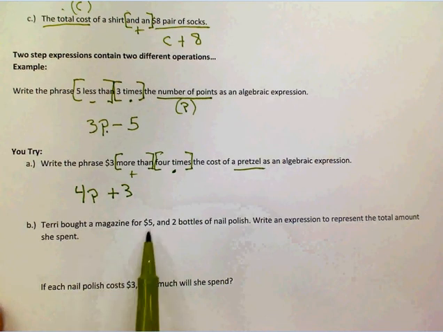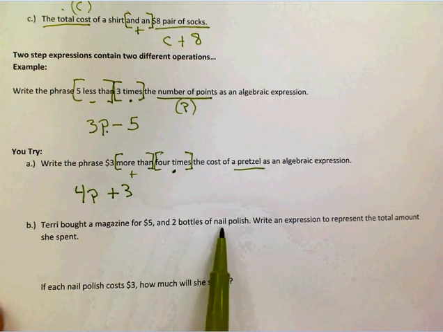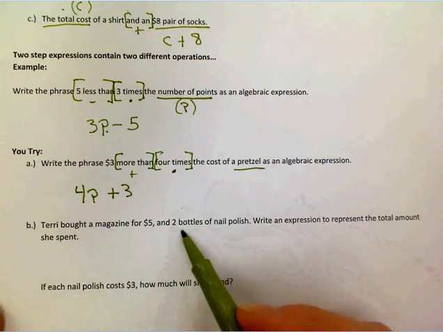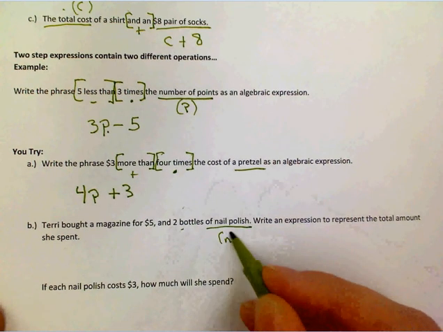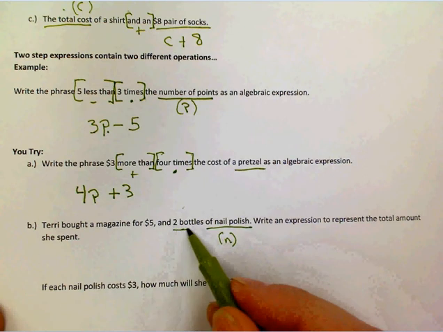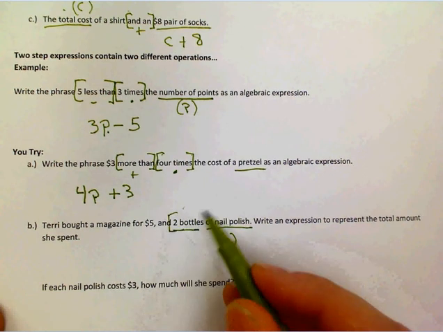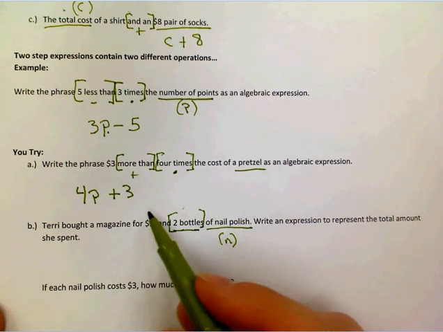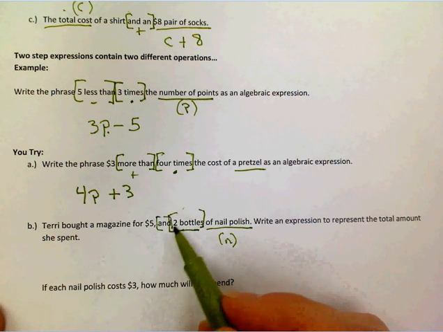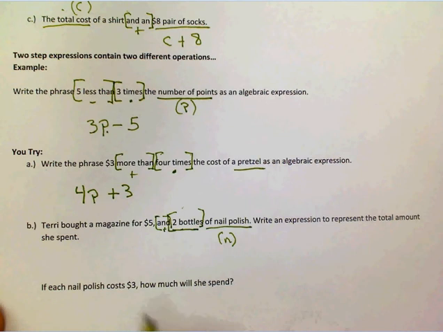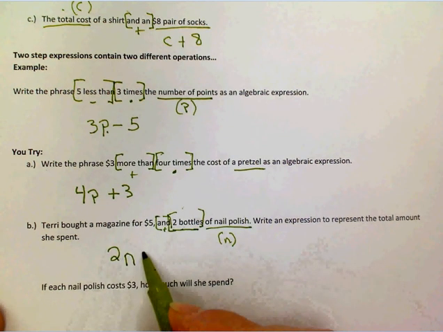Terry bought the magazine for $5 and 2 bottles of nail polish. We don't know how much the nail polish costs, so I'm going to do a variable of N. We know that it's 2 of them, so that's 2 times N. And the magazine for $5. So I have 2 times N plus 5.